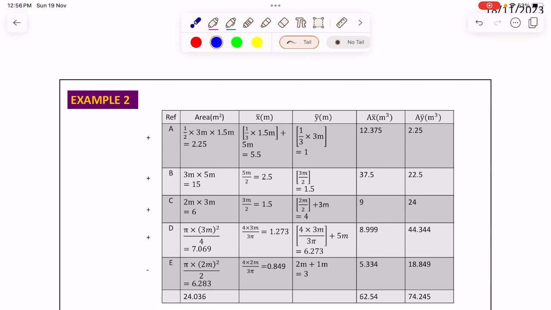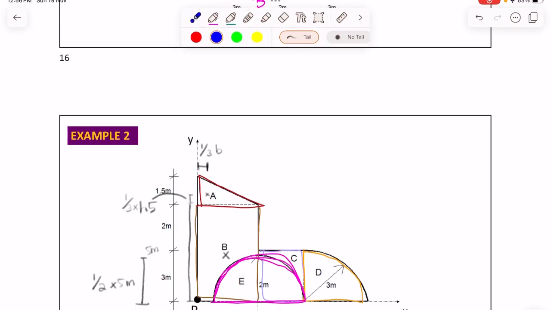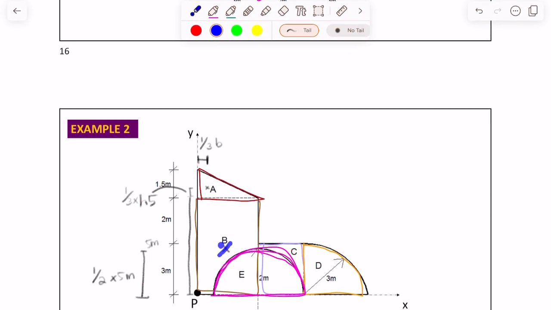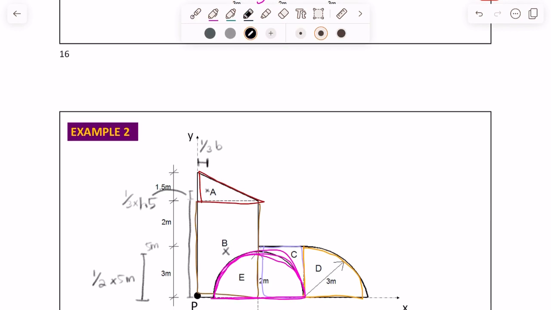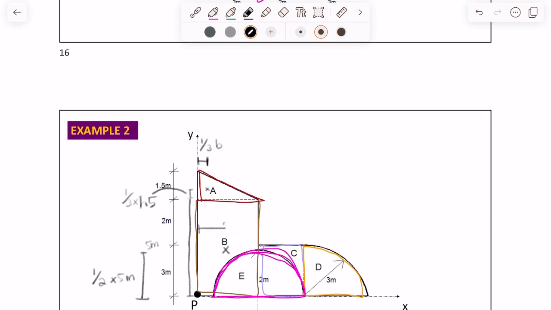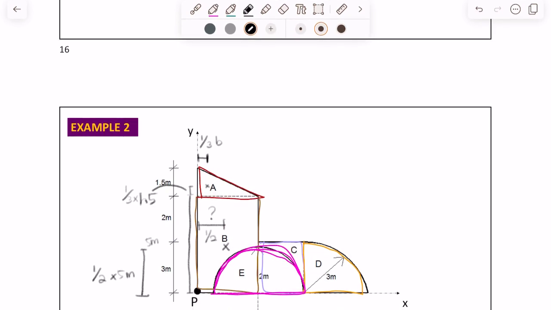For y bar, it is the distance from the centroid of section B to the y-axis. So what you need is this value. So for a rectangle, the distance would be half times 3 meter.